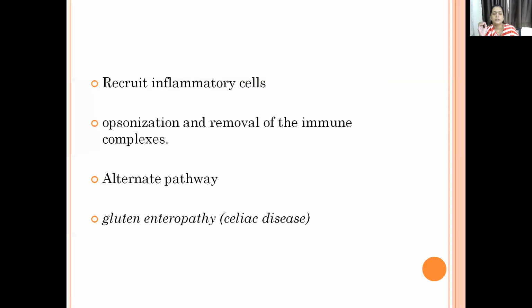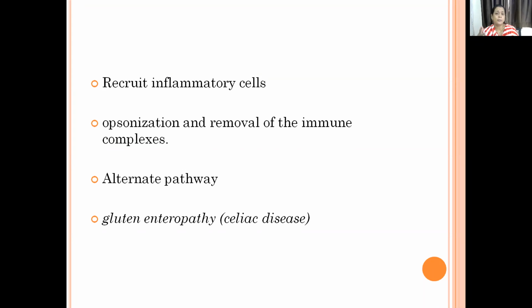Okay. So I told you, in addition to the primary IgA nephropathy, there is a secondary form of IgA nephropathy that is occurring because of the inflammation or infection associated with gluten enteropathy. So usually you know that IgA, immunoglobulin A, is an essential, crucial part in the respiratory lining and the gastrointestinal mucosa.